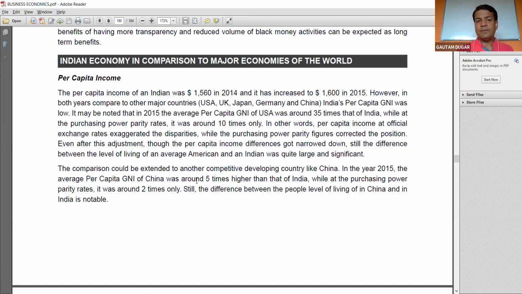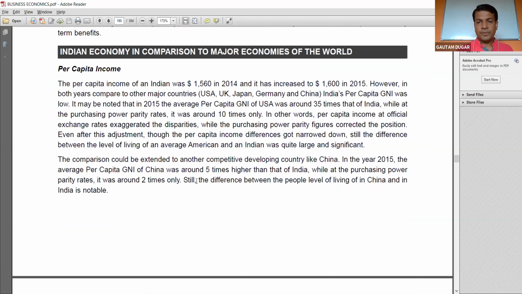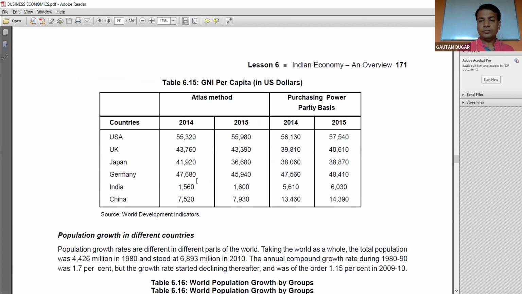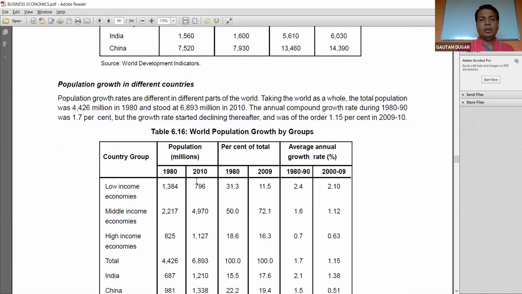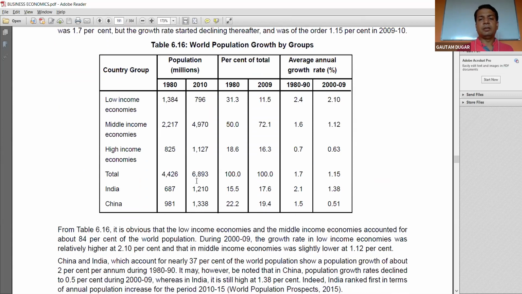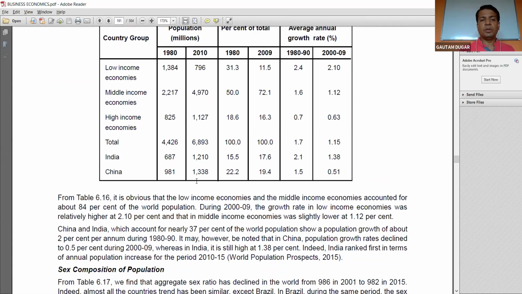Still, we are quite low. Even in China, the per capita income is very high as compared to India. In terms of population, we already discussed that we are number 2 in the world.